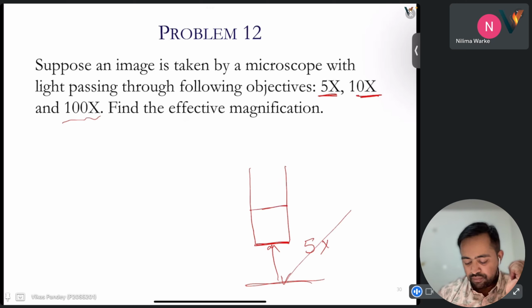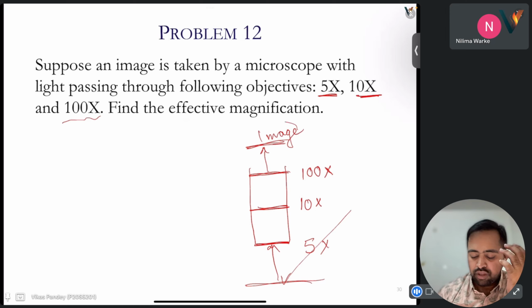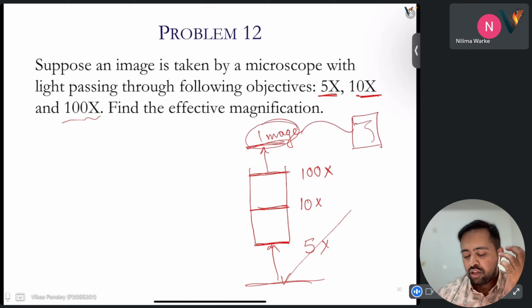Then there is one which is 10x. Then there is 100x. So what is the total magnification, like how much magnified image will be there? Say this is the image we are seeing, and let's consider that we are just taking it directly using a camera, and we are seeing it. So what will be the magnification of this image?